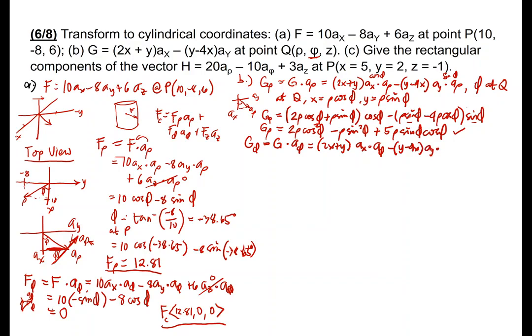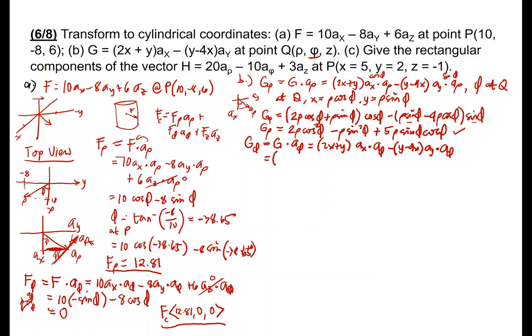We should be careful with this, because a x dot a phi is what? This is a negative sign. Careful, this is a negative sign. So we replace also x and y, they are the same, that is the x and y at point Q.